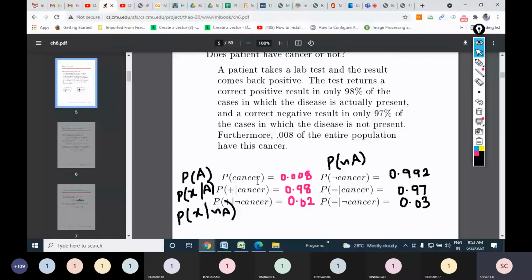And for negative of A, so friends, please observe this P of X bar A, this part, how do I write it here?